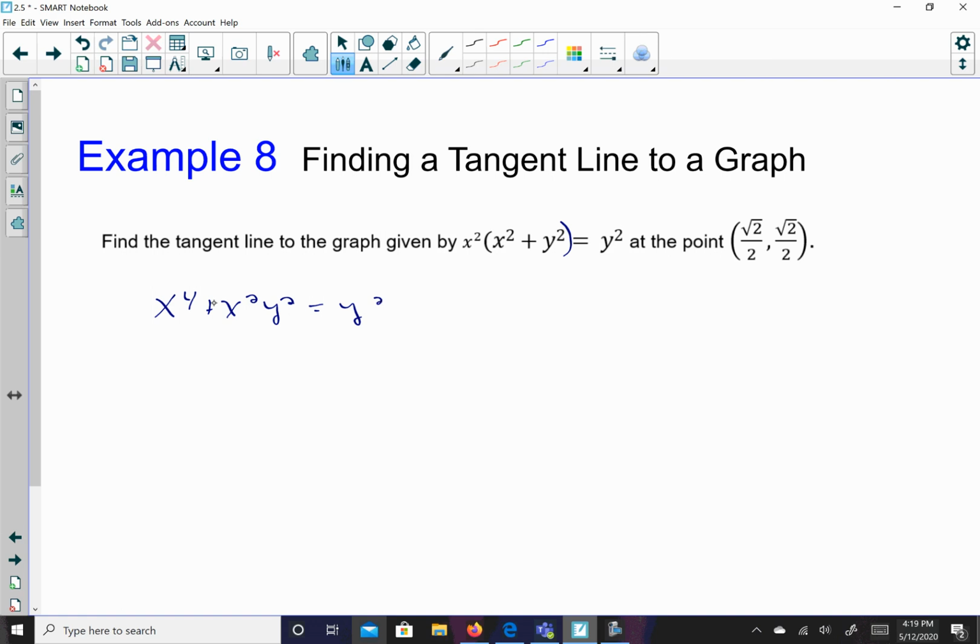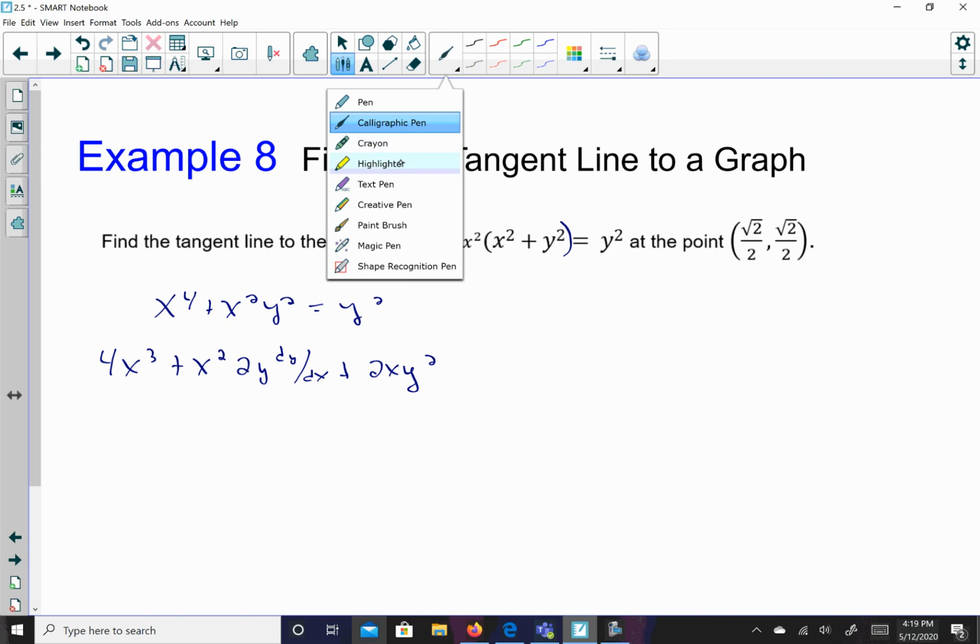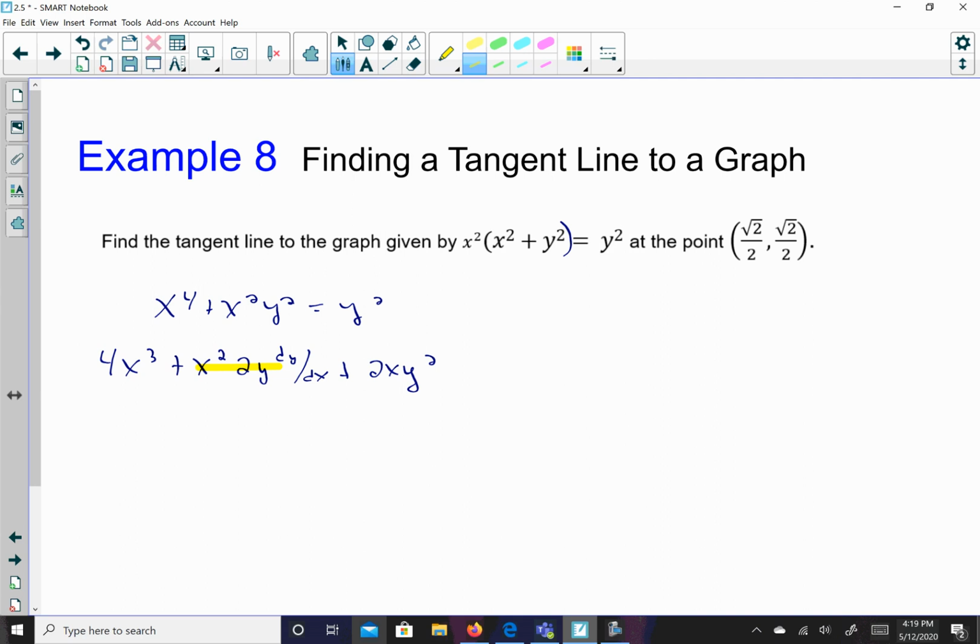When I take the derivative, this will be 4x to the third, plus the product rule here: this is x squared, and then 2y dy dx, plus 2x y squared. Just to be clear, this is taking the derivative of that.